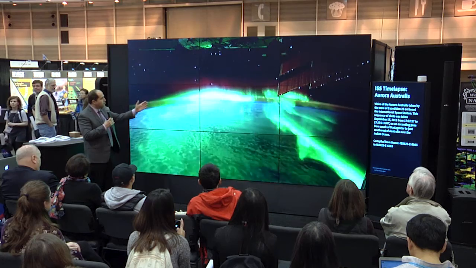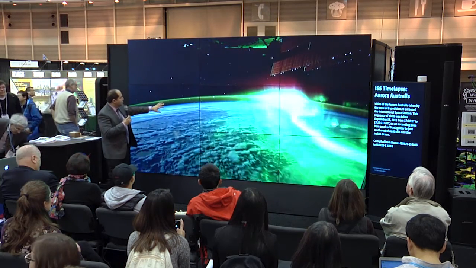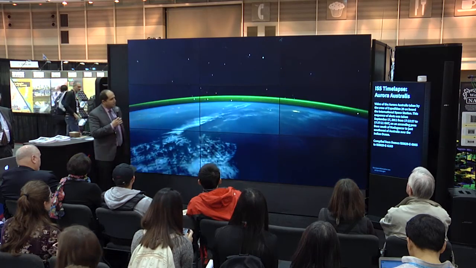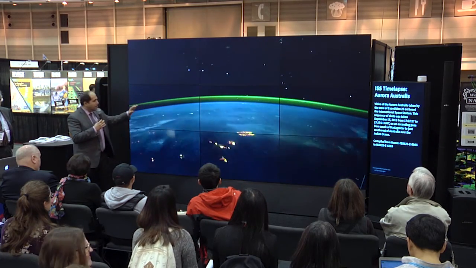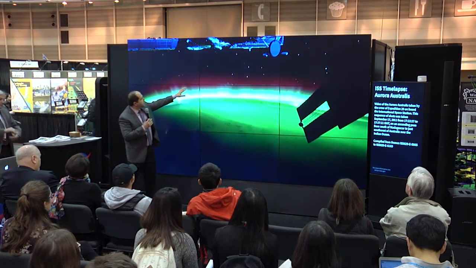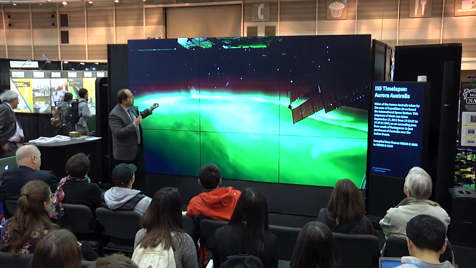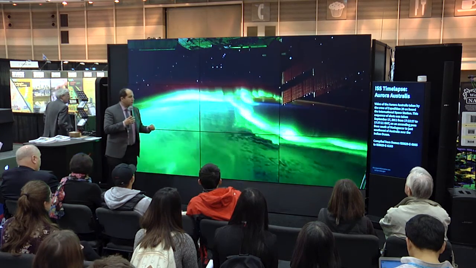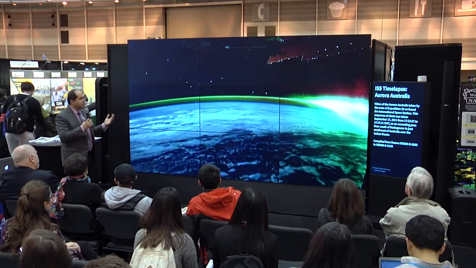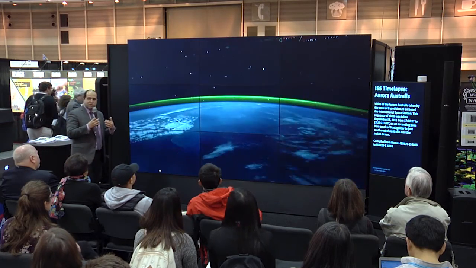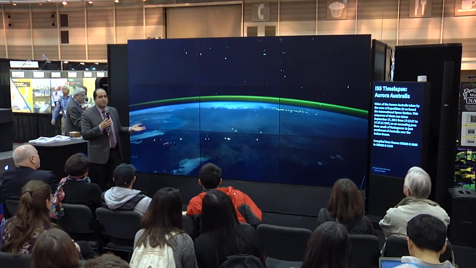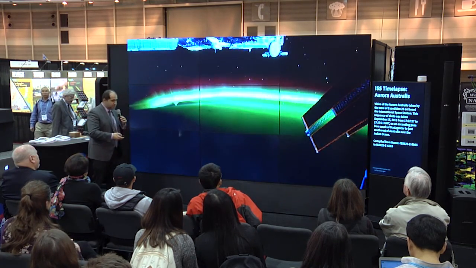And then once the Aurora moves off the screen, what you see here is the dayglow and nightglow in the upper atmosphere, the green line, and you can see up here the red line and red Aurora there, and those are just as we use different wavelengths of light to image the sun, we use different wavelengths of light to image the upper atmosphere as well and gain physical information about the upper atmosphere.